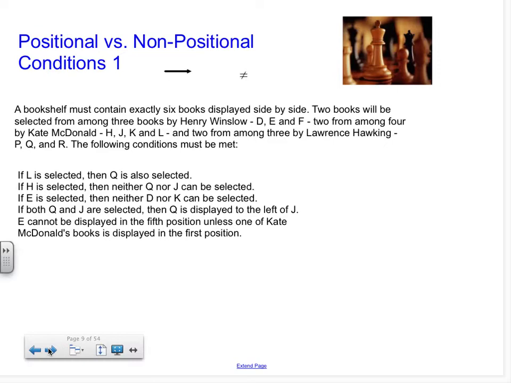Let's take a moment to read through the scenario together. A bookshelf must contain exactly 6 books displayed side by side.